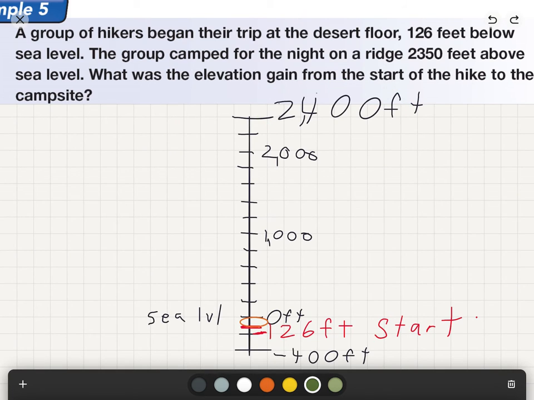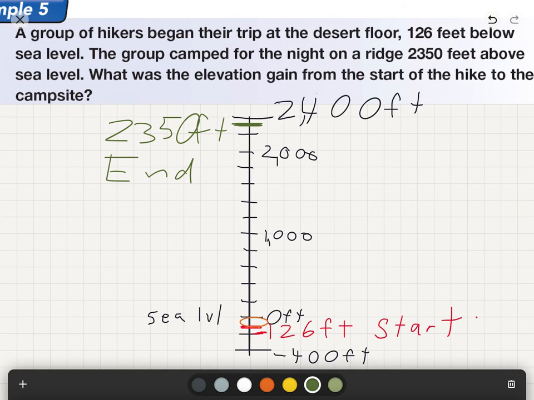So 2,350 feet would really be just right below that. So we could say 2,350 feet is the end.